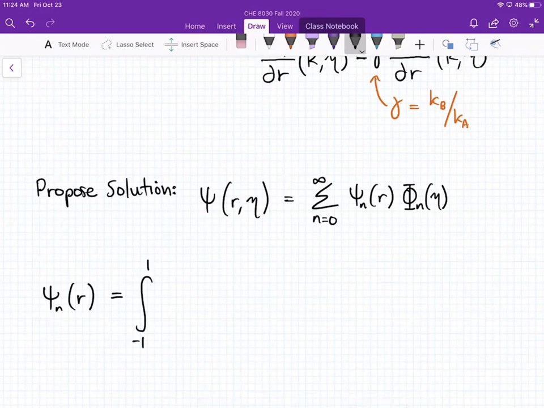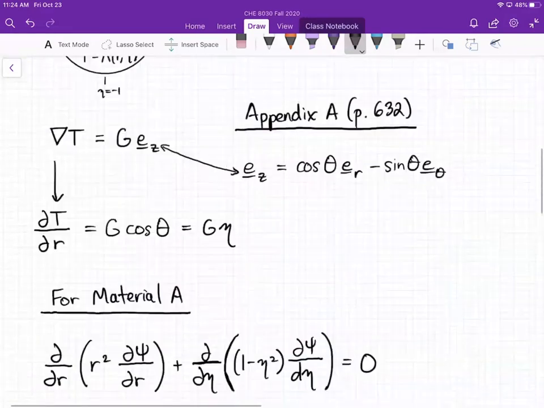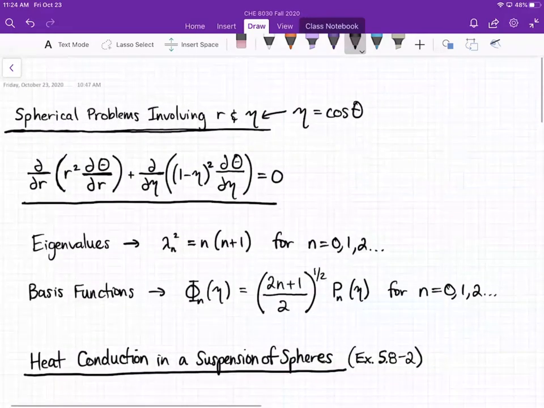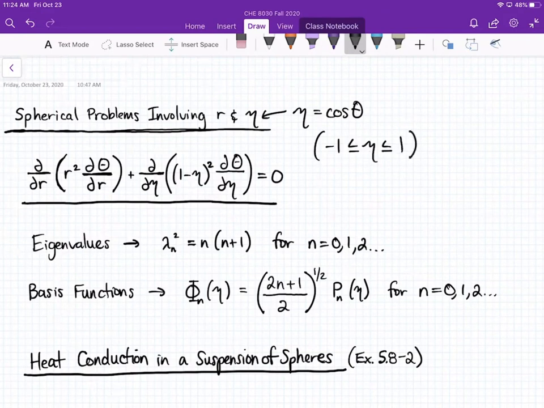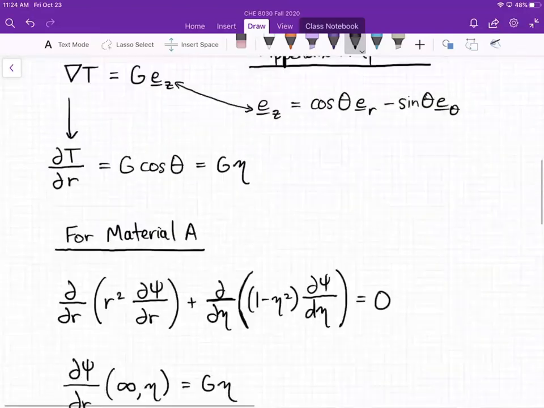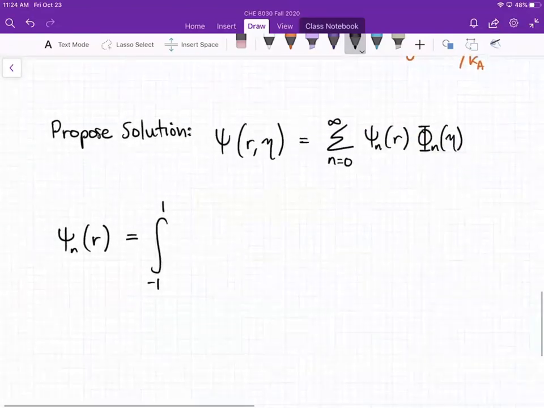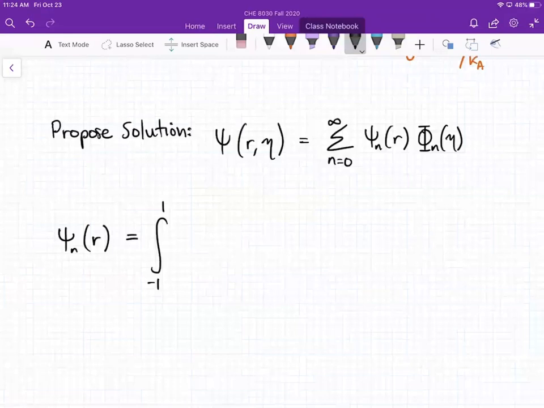That -1 to 1, I might as well write it up here, comes from the fact that our variable change to eta now has a system that goes between -1 and 1. So since our integral is going to be with respect to eta, we are now going to go from -1 to 1 as well.